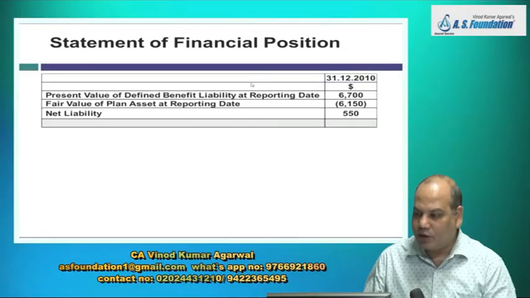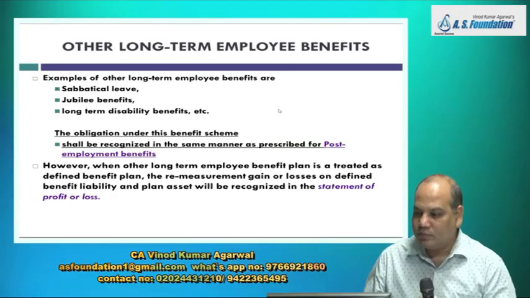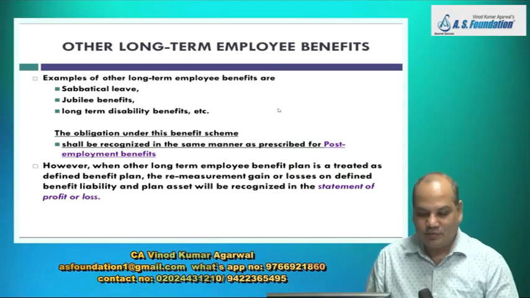And then how your financial position, that is statement of financial position, look like: present value of defined benefit obligation at reporting date 6700 less fair value of plan asset on reporting date 6150, therefore net liability 550. Simple question. So this completes part 2, post employment benefit plan.